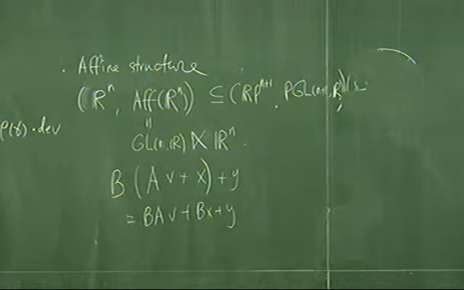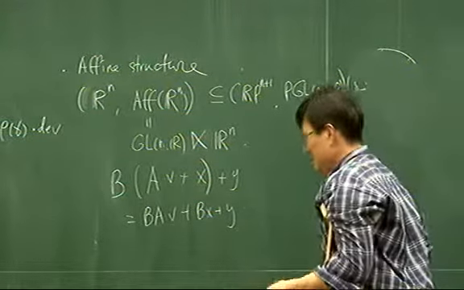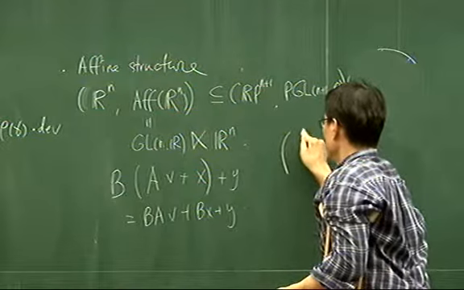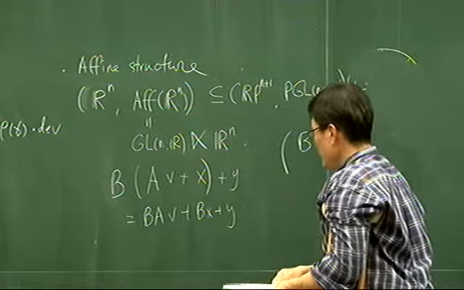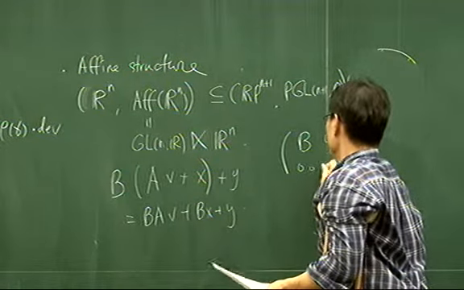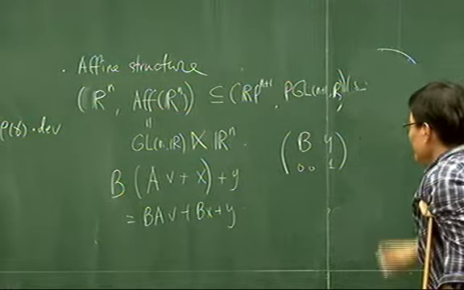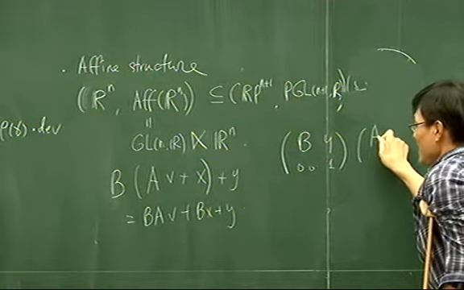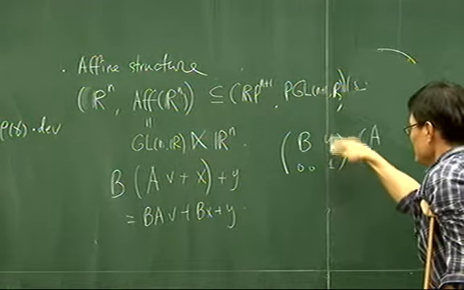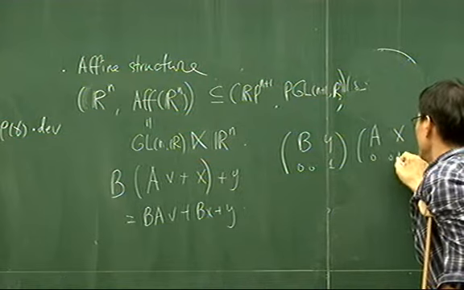So what is the corresponding matrix equation here? How do you write this? You put B and then Y and 0, 0, 0, 0, and 1. And then you put A, this is an n by n matrix, this is a column vector X here, 0, 0, 0, 1.